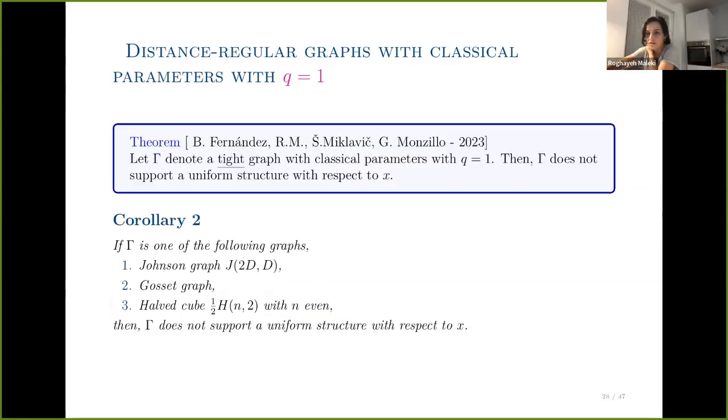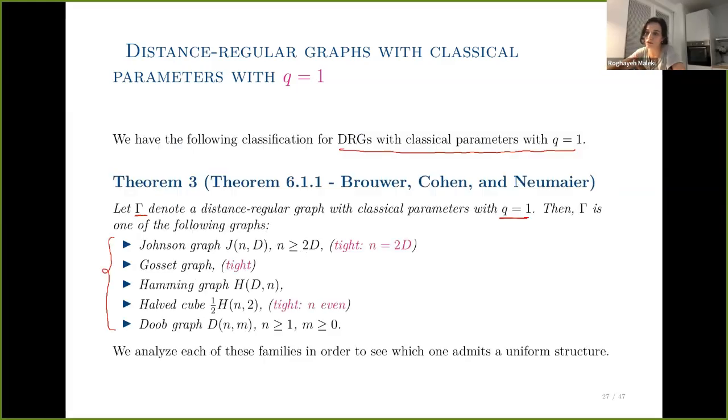in the next theorem. We were able to show that if our graph is a tight graph with classical parameters q equals 1, then it does not support a uniform structure with respect to X. So when it is tight, it does not support a uniform structure. We were able to eliminate a lot of cases that do not support a uniform structure.